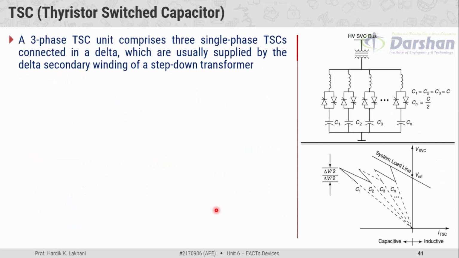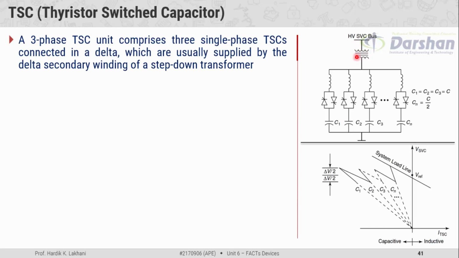A three-phase TSC unit comprises three single-phase TSCs connected in delta, which are usually supplied by the delta secondary winding of a step-down transformer. As discussed earlier, the compensator is connected to the high voltage bus through the coupling transformer.